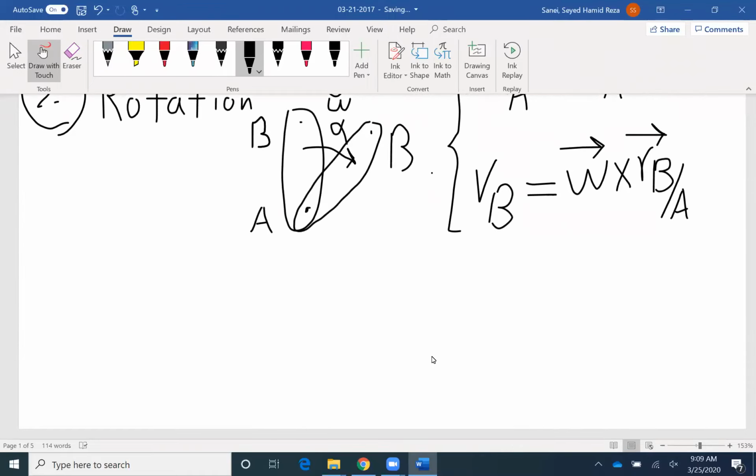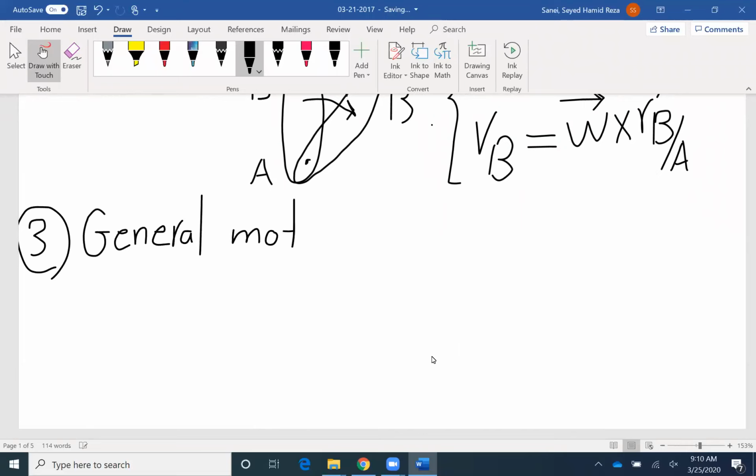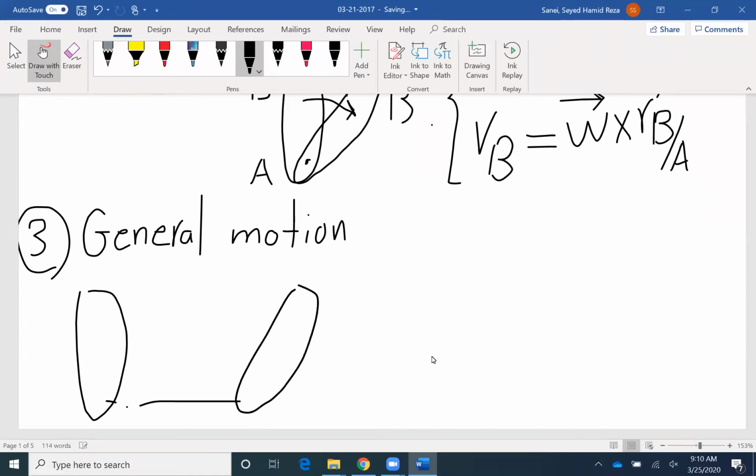In a general case where we have both rotation and translation, we call it general motion. You can think of it as a rigid body moving here and also rotating.